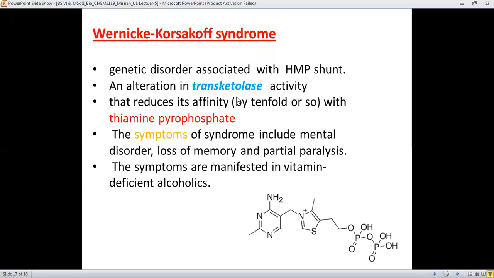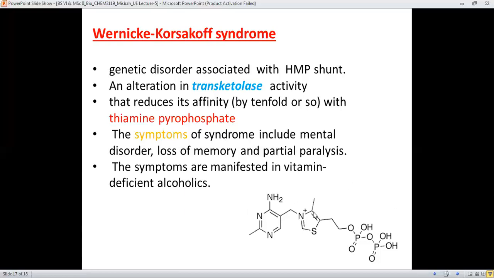It causes the transformation of many 3 carbon, 4 carbon, 5, 6, and 7 carbon monosaccharide sugars throughout the cycle. Therefore, it reduces its affinity for thiamine pyrophosphate. Here's the structure of thiamine pyrophosphate.